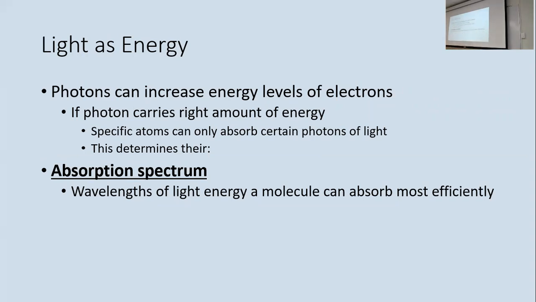What spectrum of light will increase the energy of an electron on a molecule? So it's just the wavelengths of light that a molecule can absorb most efficiently, and then everything else gets reflected.